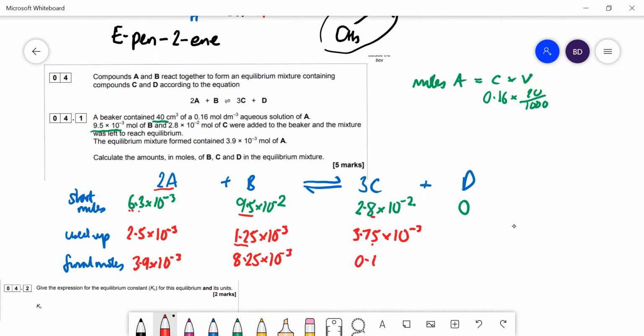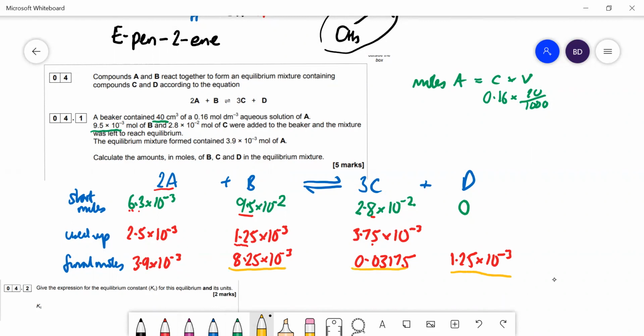And that gives us 0.03175. So calculate the amounts of B, C, and D in the mixture. Oh, we haven't done D. Every time 1 mole of B reacts, you form 1 mole of D. So the amount of D is going to be 1.25 times 10 to the minus 3. Okay, so there's our answers: the amount of B, the amount of C, and the amount of D.